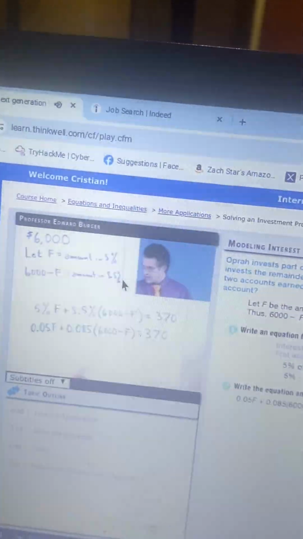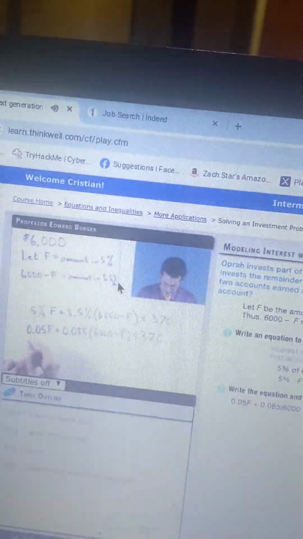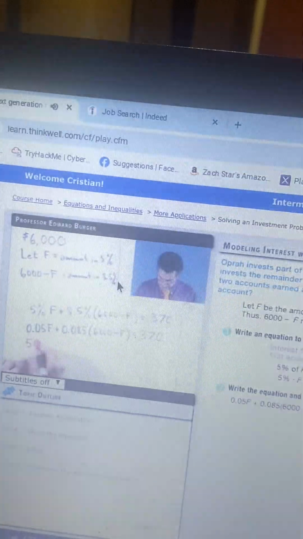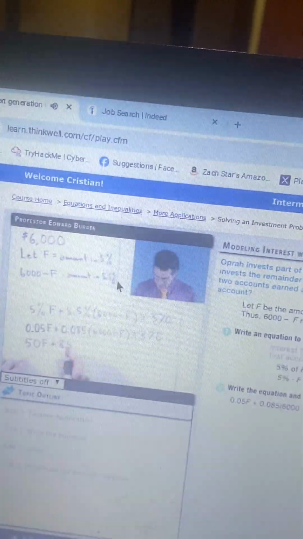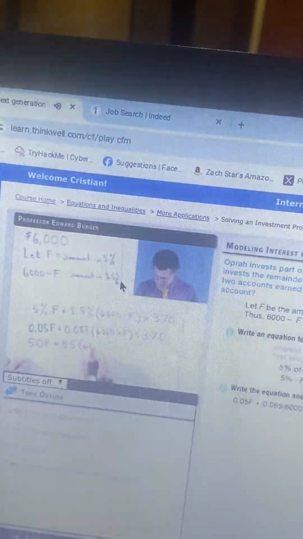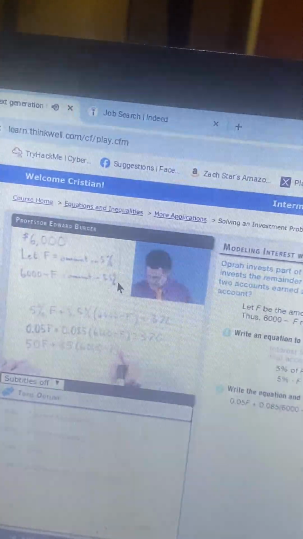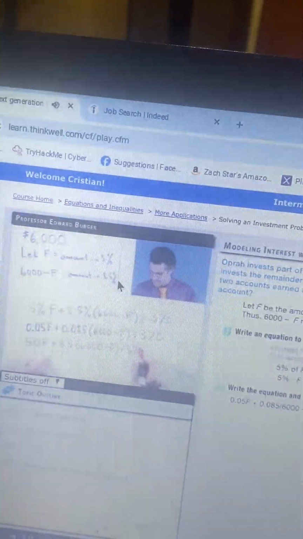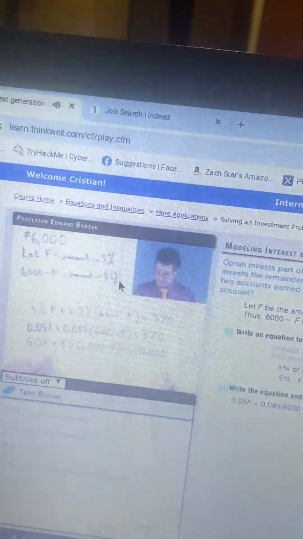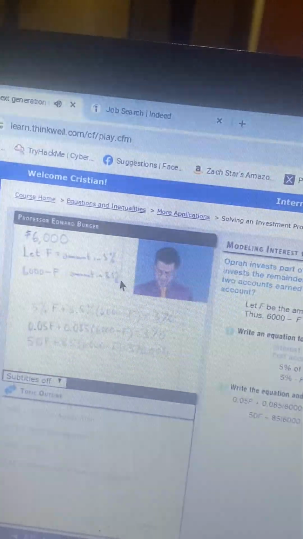When I do that, I'm going to see the following. I'm going to see 50F plus 85 times 6,000 minus F equals, and are you ready for this? 370,000. And now you'll notice there's no decimal points, just whole numbers, so we can actually solve this.